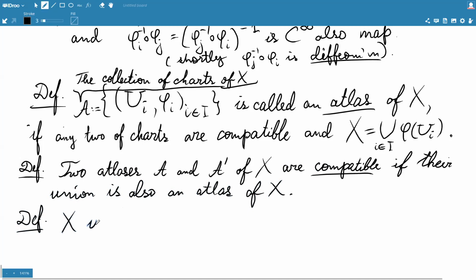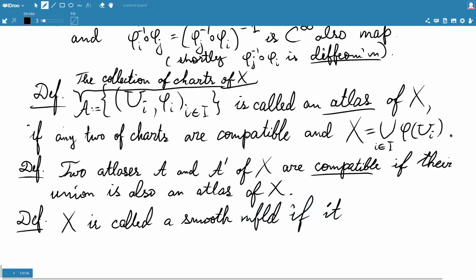So now, smooth manifold. X is called a smooth manifold if it admits an atlas.